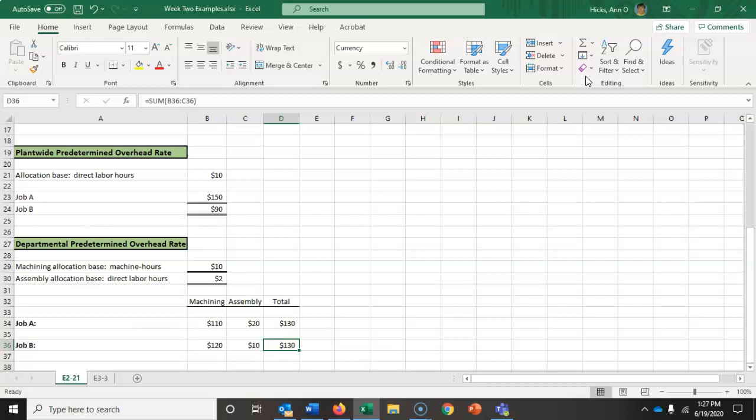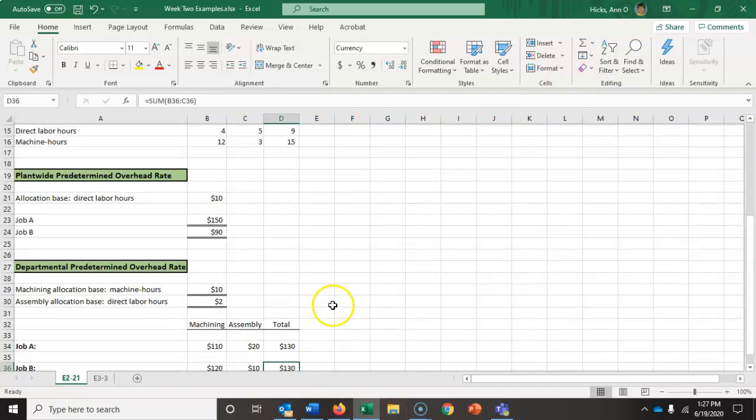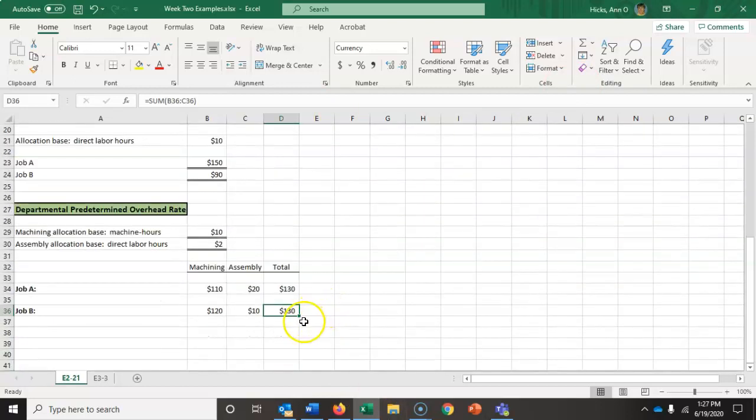And if our price is based on that cost, we're going to end up overcharging one job and undercharging for another job. And that is going to impact our profit based on maybe over or underpricing, and we may lose business if we're overpricing a job.